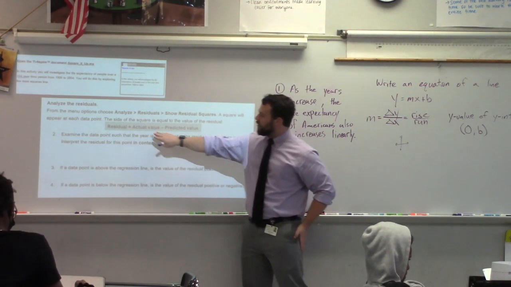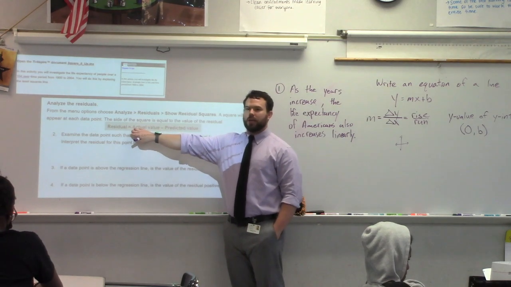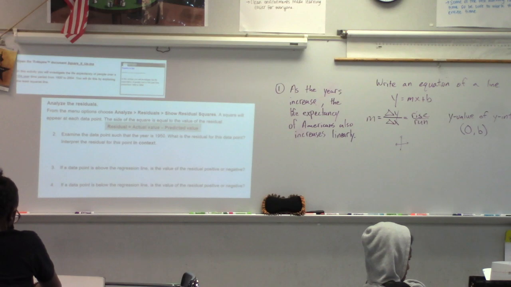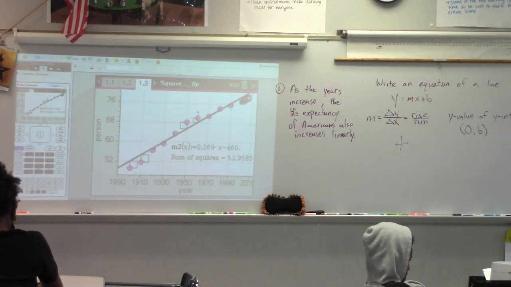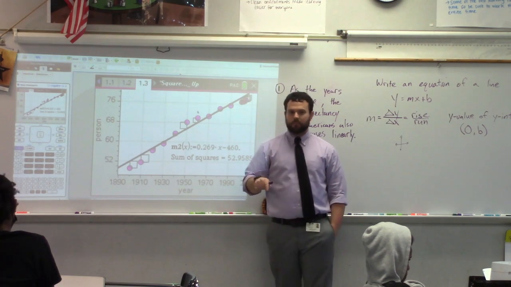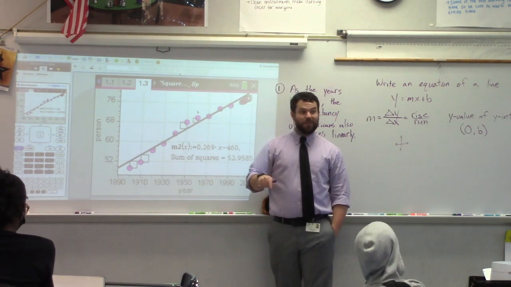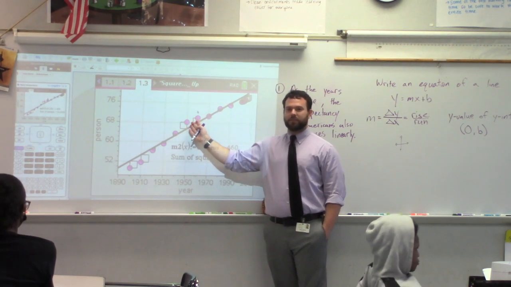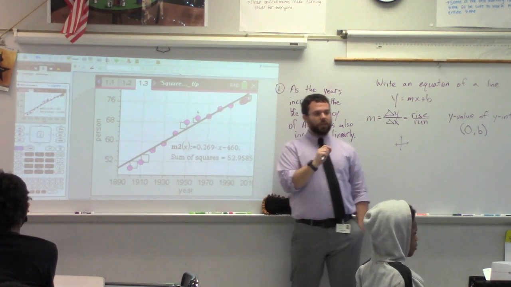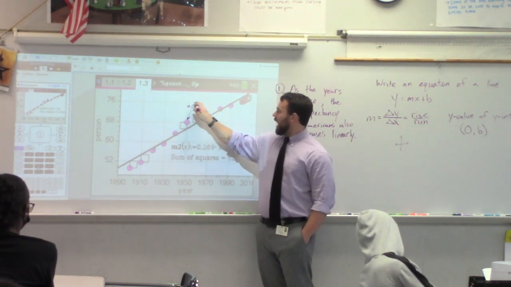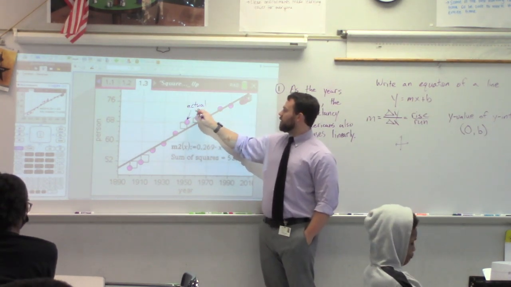And so, notice right here where it says the residual is equal to the actual value minus the predicted. What's the actual value? The point or the line? The point. Remember, isn't the line a trend line predicting the points? That's a small thing that a lot of students miss. The actual points, those are the actual values.